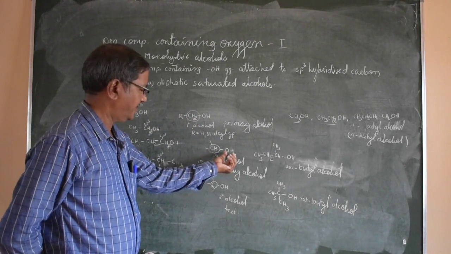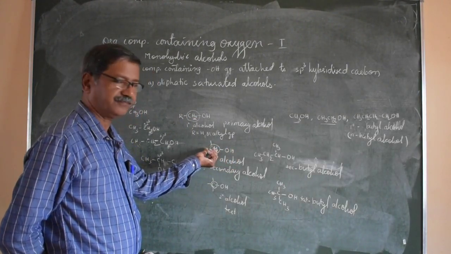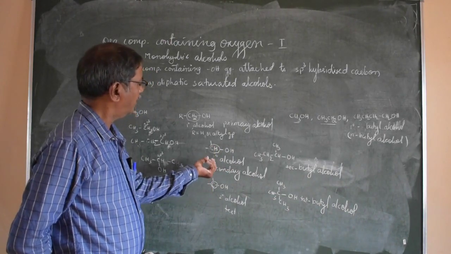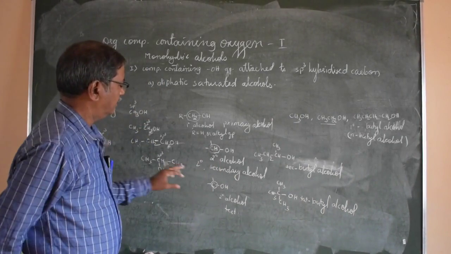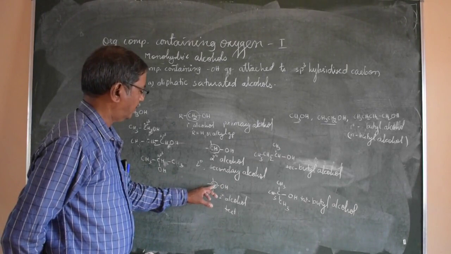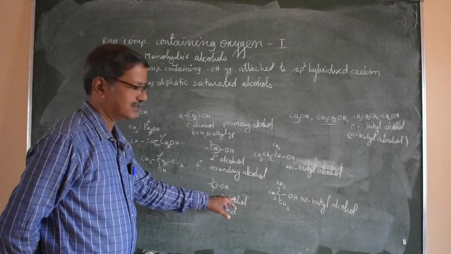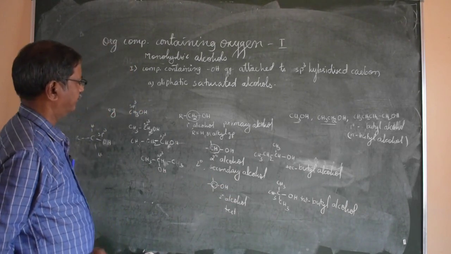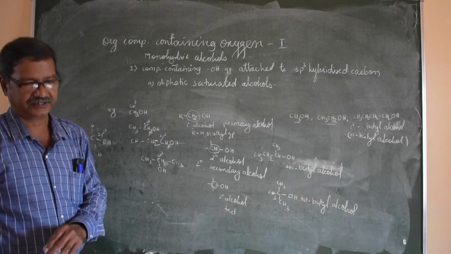Secondary: OH attached to the CH, so it's a secondary or 2 degree alcohol. Then tertiary: OH attached to the carbon which is not linked to hydrogen, it is linked to some other group. It's called 3 degree alcohol. So this is about aliphatic saturated alcohols.